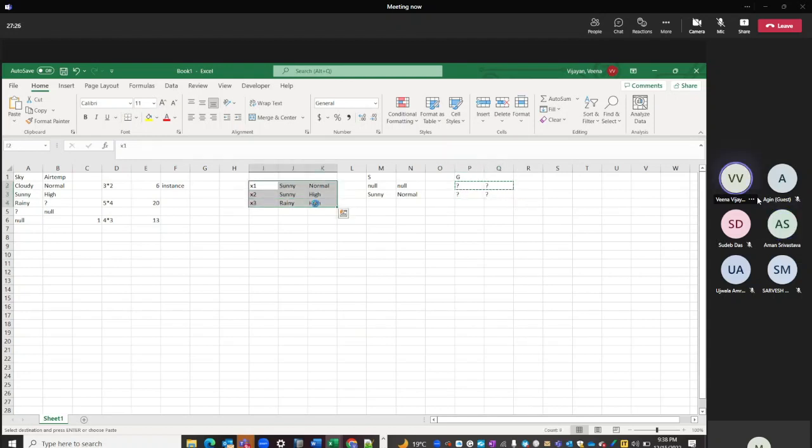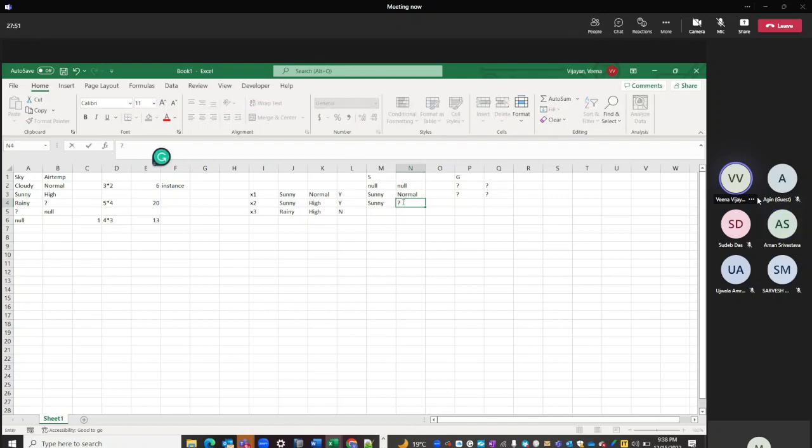One step down. Now we will check instance 2. Instance 2 is Sunny, so Sunny will remain the same. Here it is normal and we got high. Consider these two as positive and negative cases. Here it is normal, so we have to change it, right?